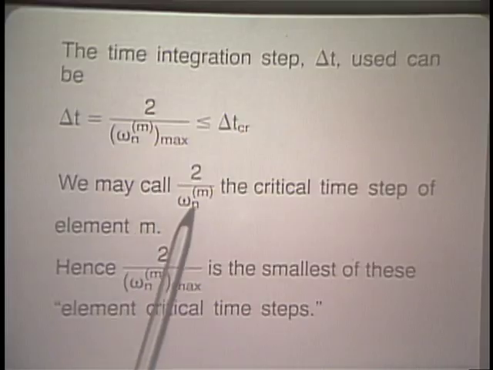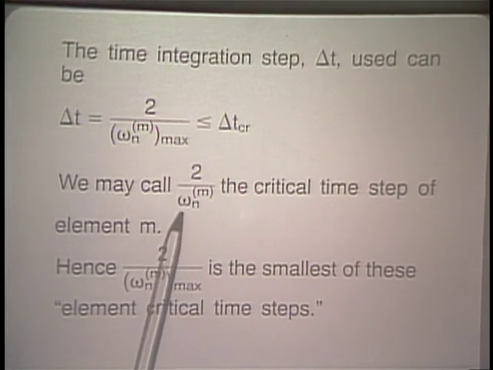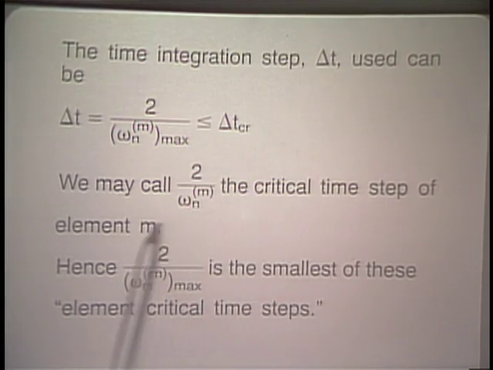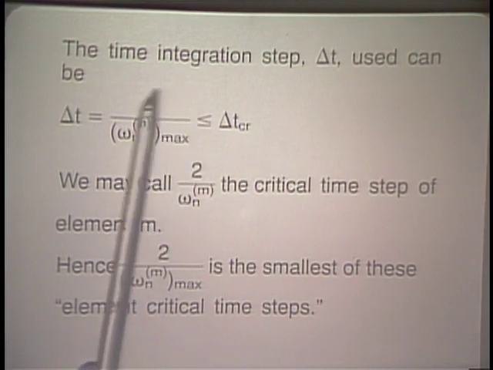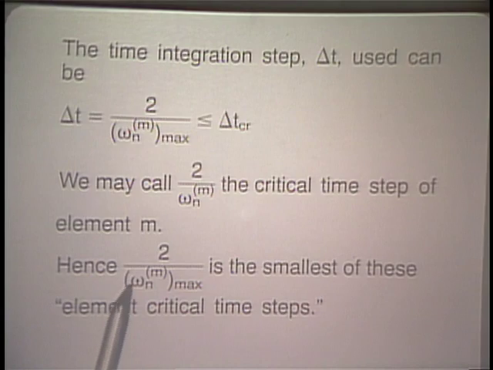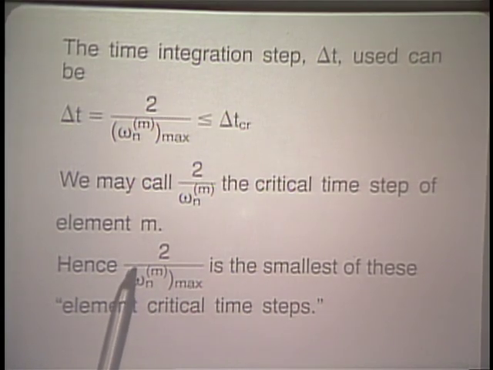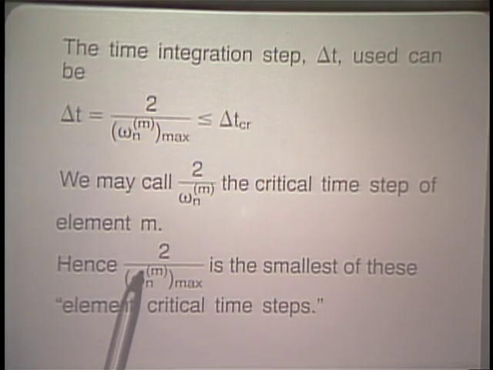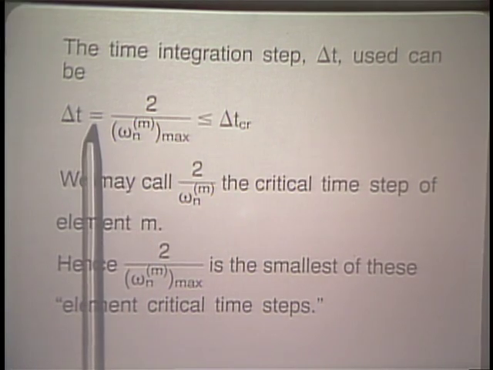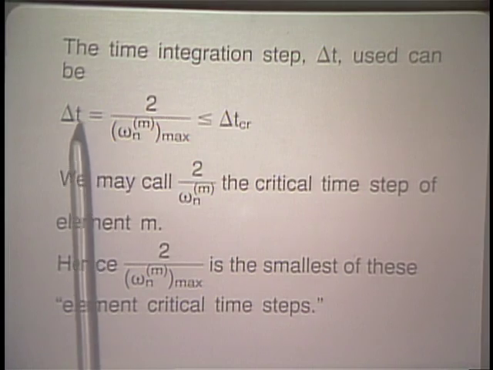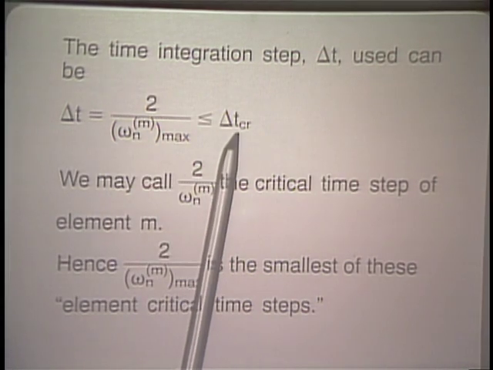We could call this value 2 over omega nm the critical time step of element m. And therefore, what we are doing here really is that we are taking the smallest of the critical time steps over all elements as that time step in the solution, and that time step we know is smaller or equal to delta t critical.